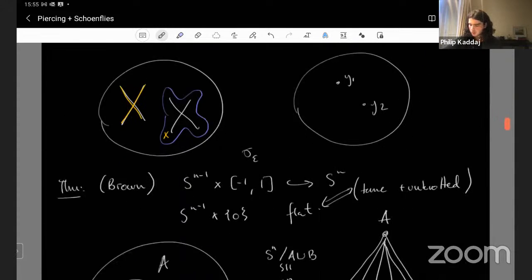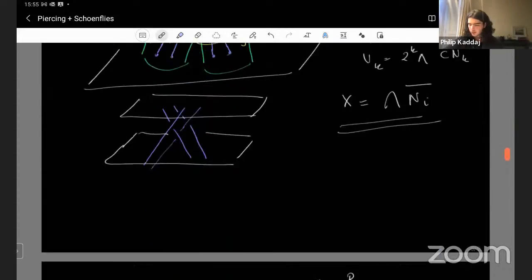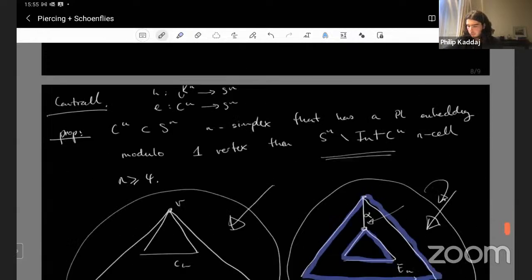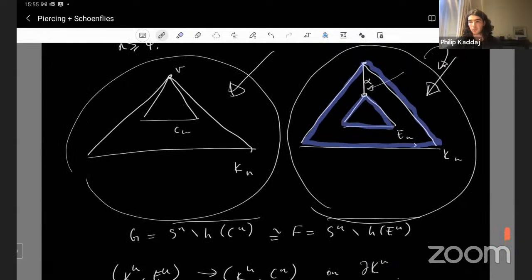So my question was: if we have an embedding of a disk or a simplex that's PL modulo 1 vertex, is there not a pseudo-isotopy which takes that simplex to a point and is a homeomorphism on the exterior?